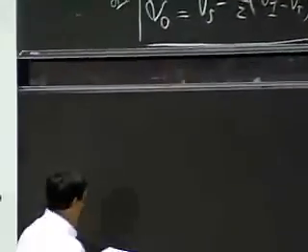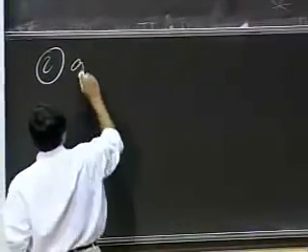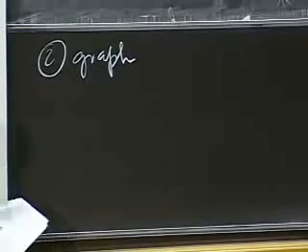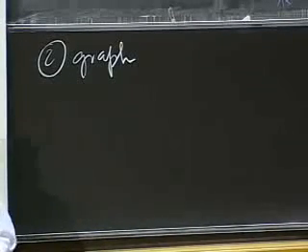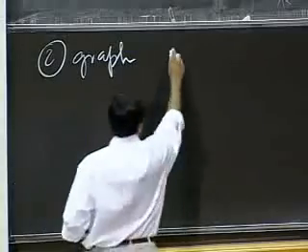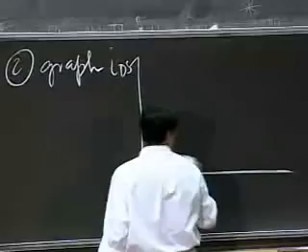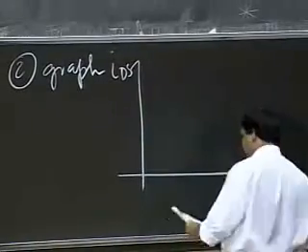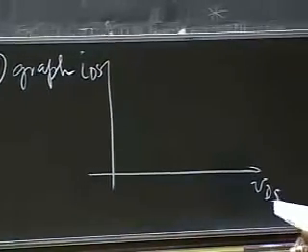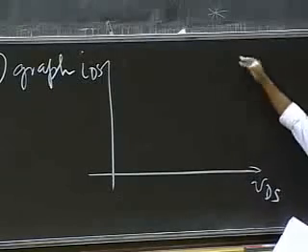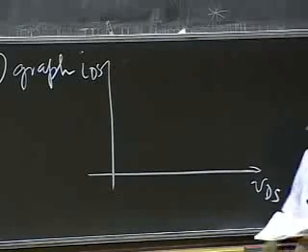So all I've done here is analyze this nonlinear circuit. I can also analyze it using the graphical method. In order to do that, all I have to do is plot. Let's have IDS here, VDS here. As we did with a nonlinear diode, what I do is plot the device characteristics, IDS versus VDS.